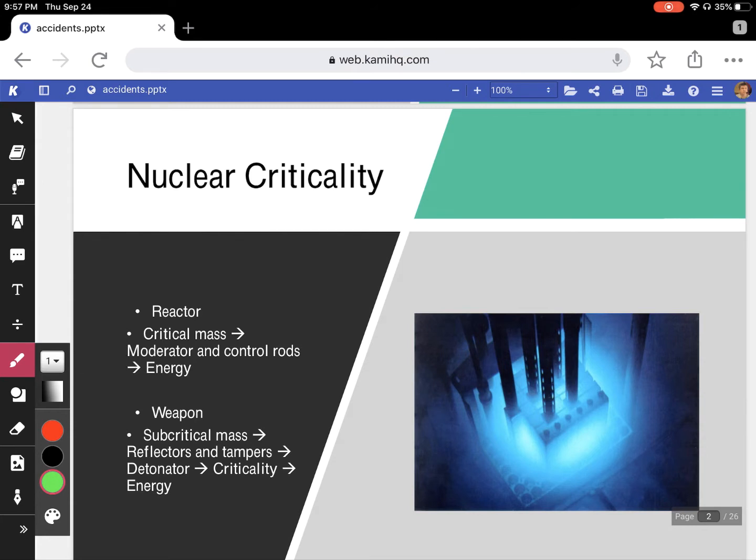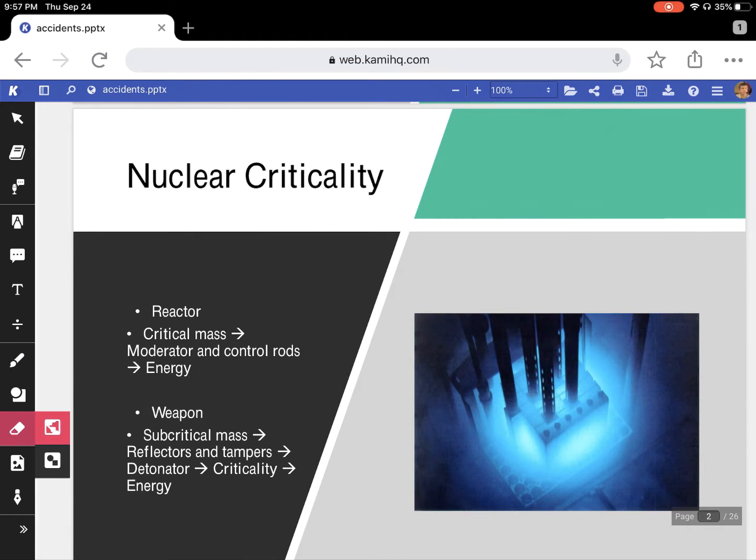As you insert the control rods into the reactor, the control rods absorb those particles coming out of the nuclear decay. So they reduce the ability of that particle to fly out and trigger another decay.